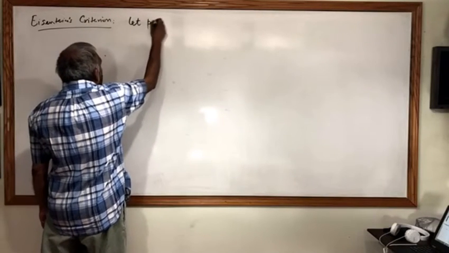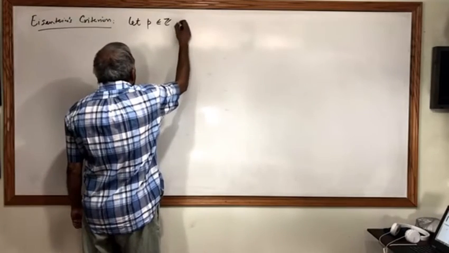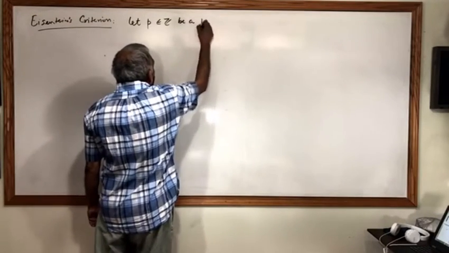Let p belong to Z, that means p is an integer, be a prime number.